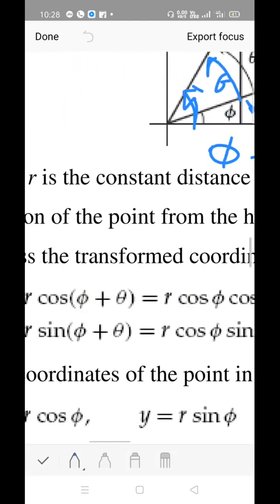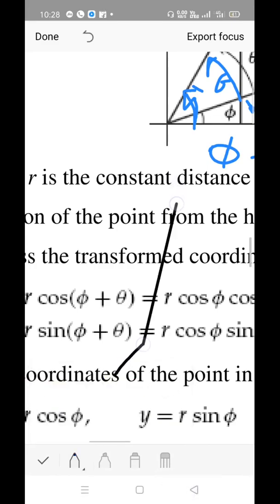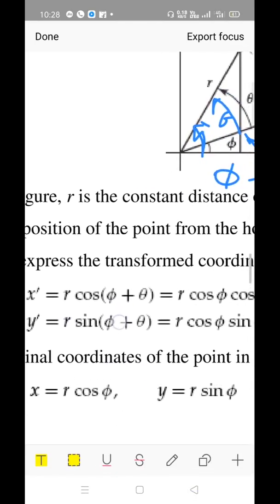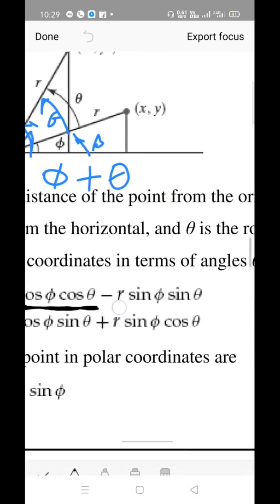So cos of theta plus phi is written as, see here, r into cos of theta plus phi, that is r, the multiplicand will be there, cos theta cos phi, that is cos phi into cos theta minus r sin phi into sin theta. Check the formula, isn't it?